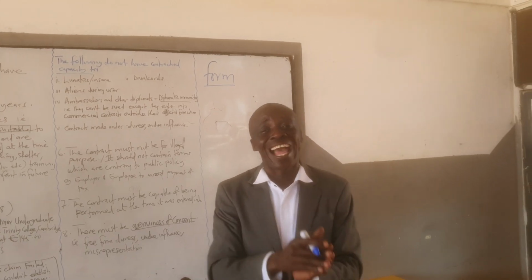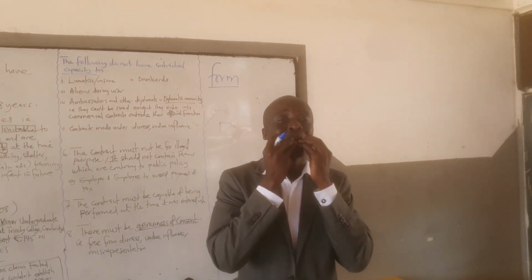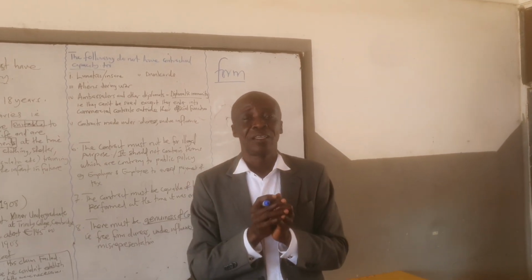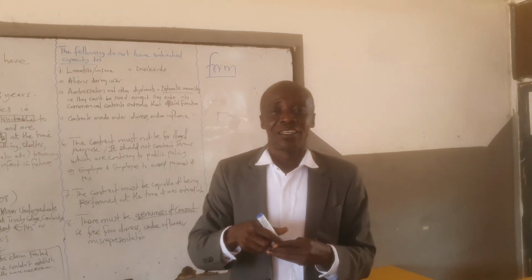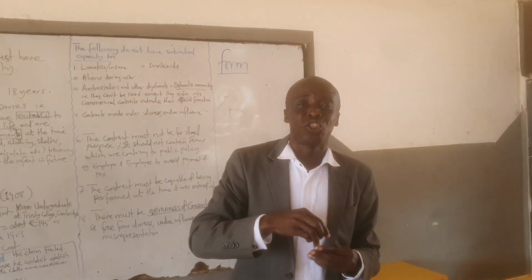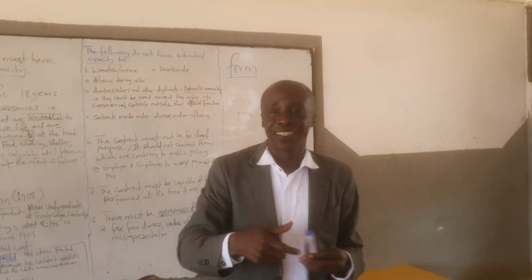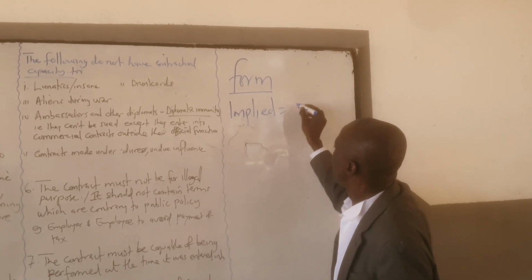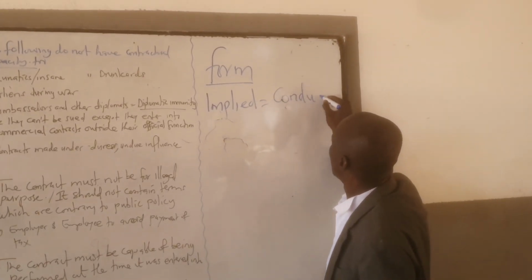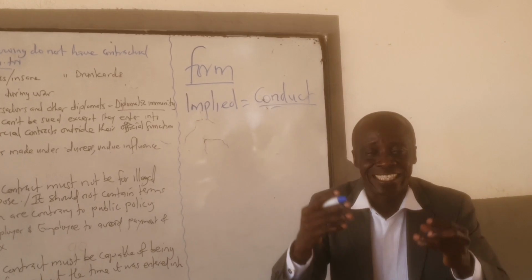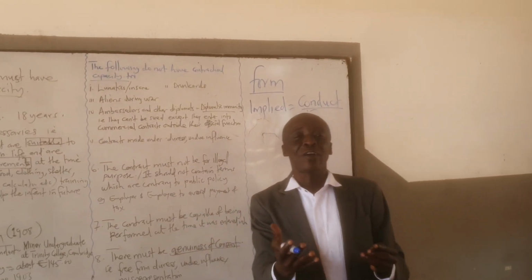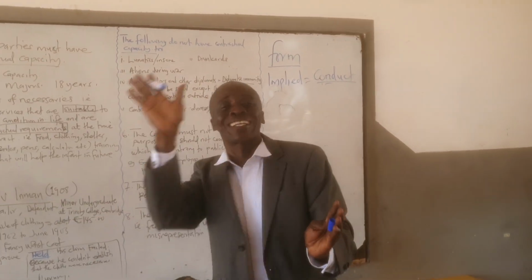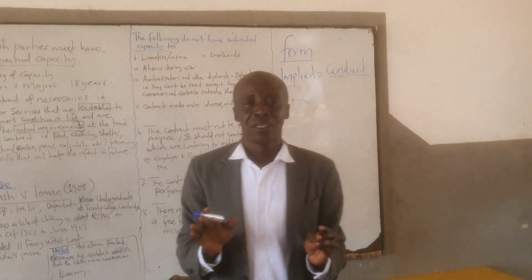Implied means it is neither written nor made by word of mouth. That is oral. Implied means that the court will look at your action, your conduct, and they will make inference from your conduct, your action.